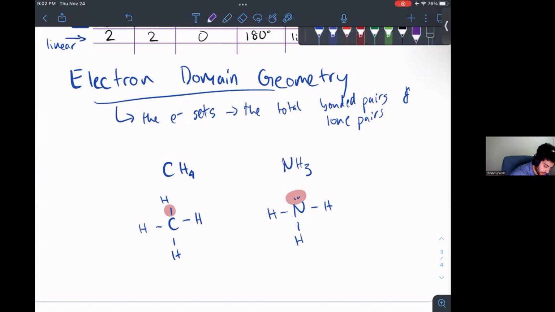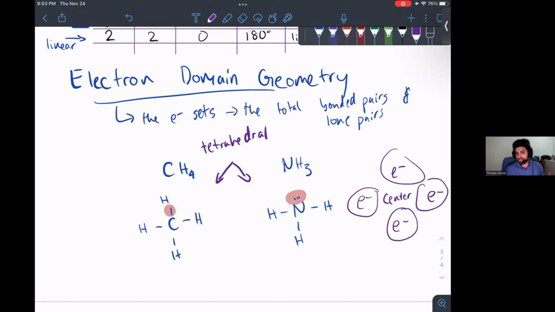When we're looking at electron domain geometry, both of these are still tetrahedral, because if we look at any given atom here, we have the center, and electrons up here, over here, over here, and over here, which make this vague tetrahedral shape, especially in 3 dimensions. So electron domain geometry doesn't focus on the individual bonds, more just the domains of electrons.